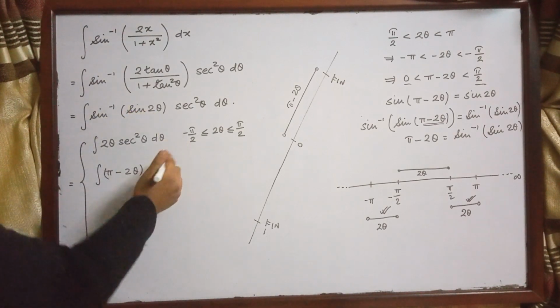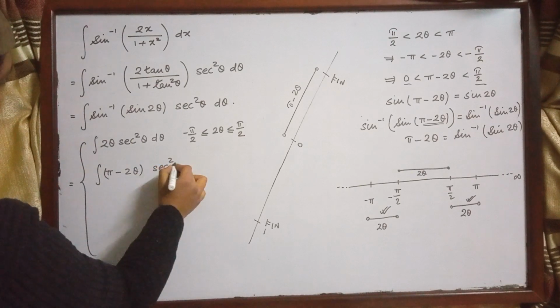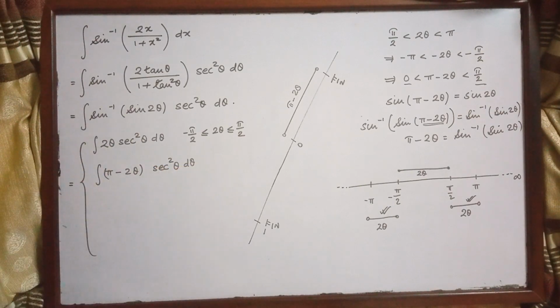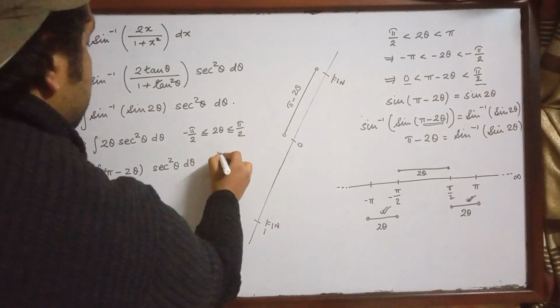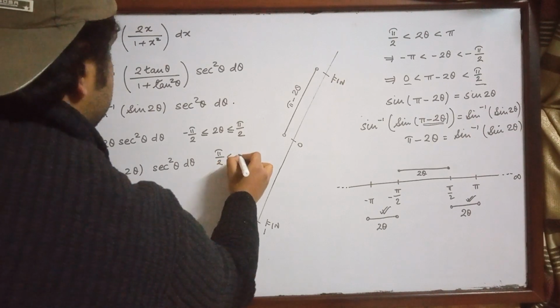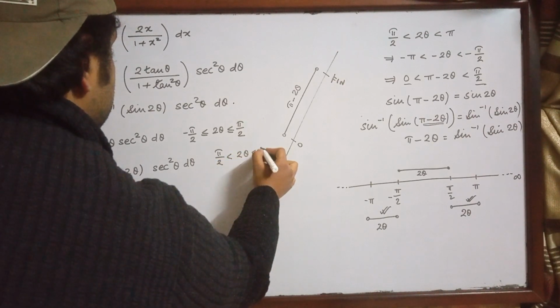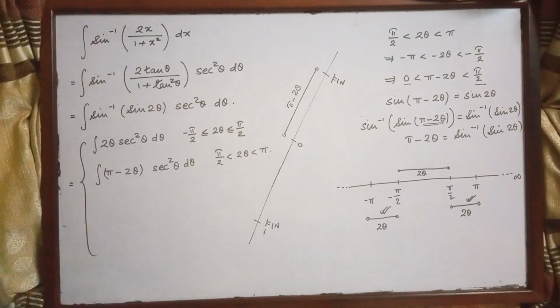This thing is equal to pi minus twice theta sec squared theta d theta under this condition, okay? All right.